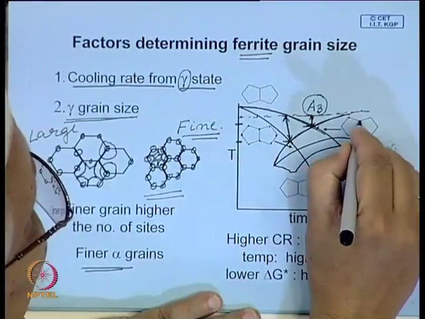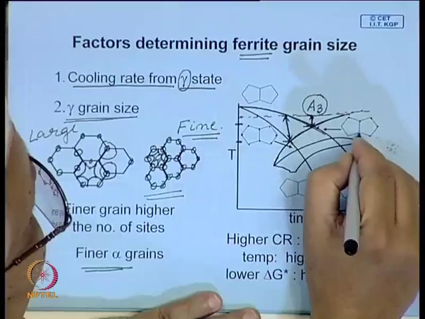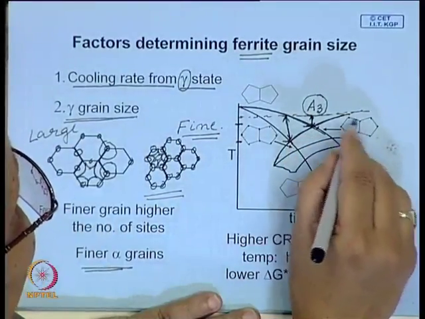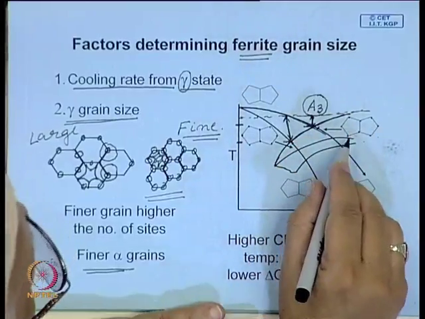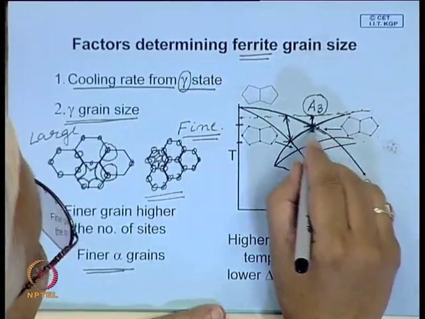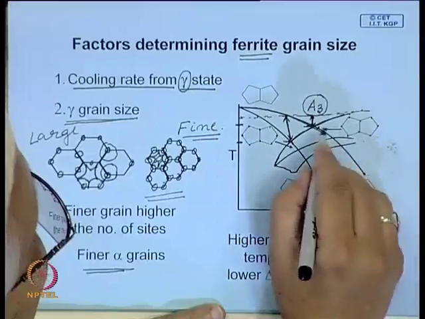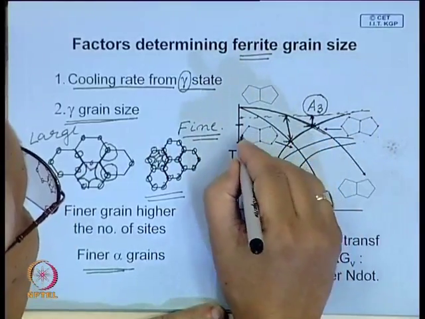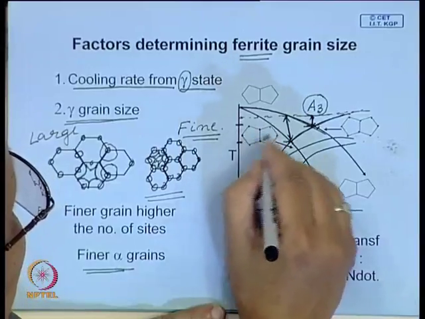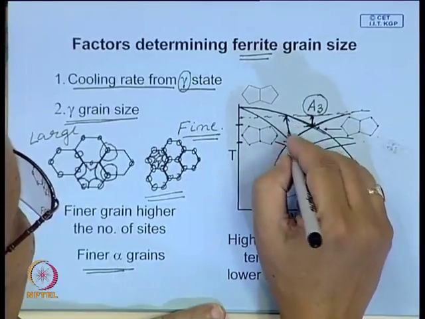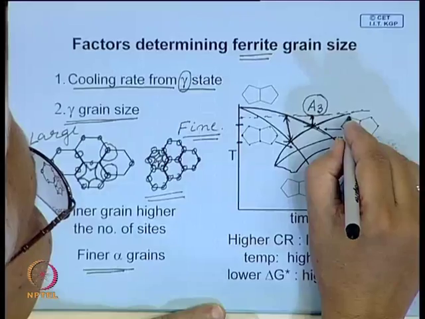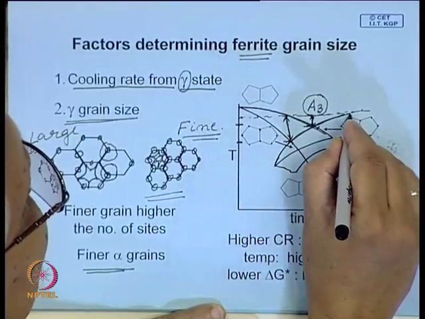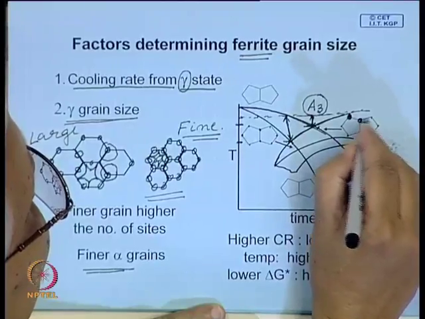Here also, let us say at these sites these grains have nucleated, and these fine grains grow through a diffusion controlled process. At higher temperature the diffusion rate is faster, and in this particular case, since the driving force for nucleation is more, this will be finer, where the critical nucleus is larger.